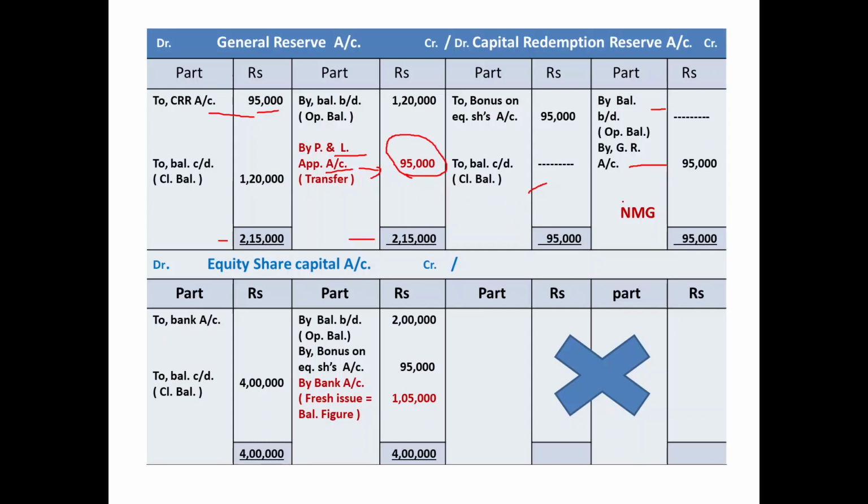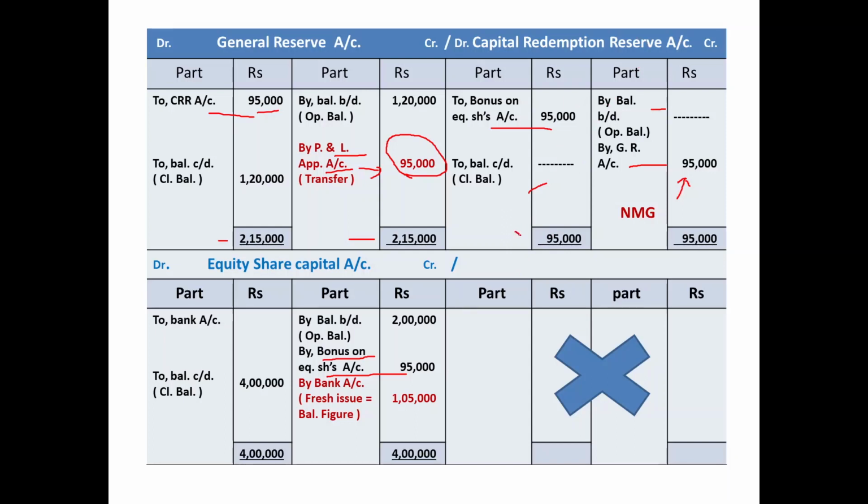CRR account 95,000 was there, and this created reserve was utilized for issuing bonus shares to equity shareholders, for which we wrote 2 journal entries. Let us post them. CRR account debit to bonus to equity shareholders account credit, bonus to equity shareholders account debit to equity share capital account credit 95,000. Posting of bonus from CRR to equity share capital account.